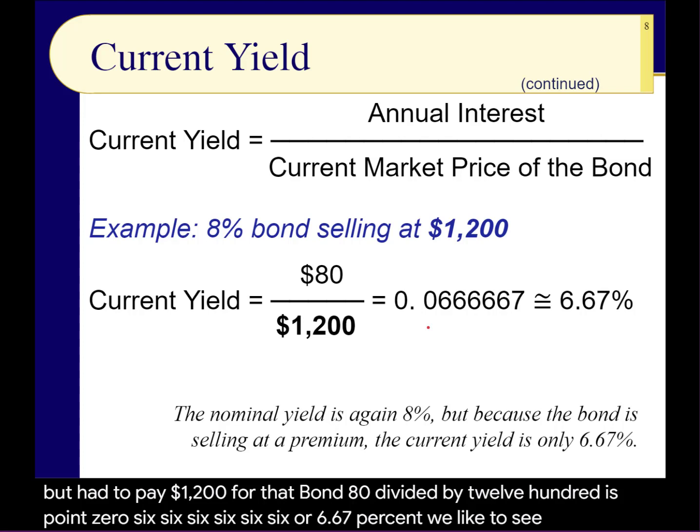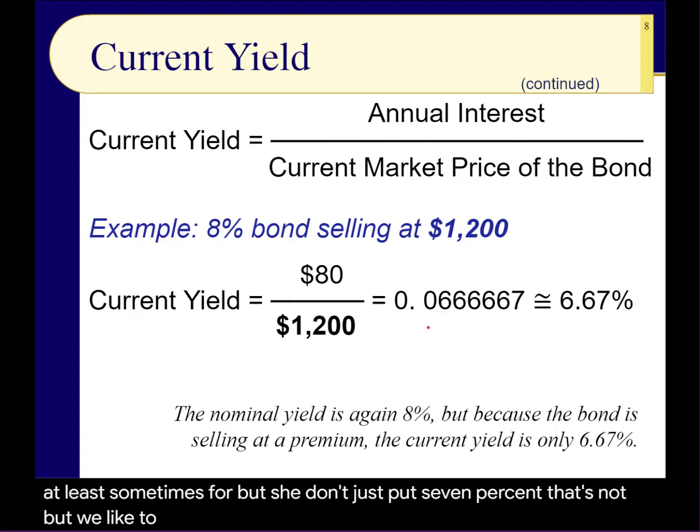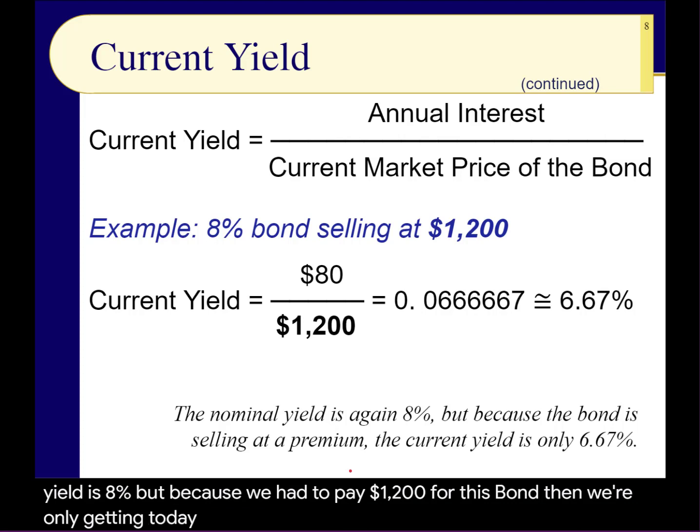We like to see 3 digits at least, sometimes 4, but don't just put 7%. It's correct, but we like to see at least 3 digits of accuracy. Again, the nominal yield is 8%, but because we had to pay $1,200 for this bond, we're only getting 6.67% today, the current yield, the current rate.